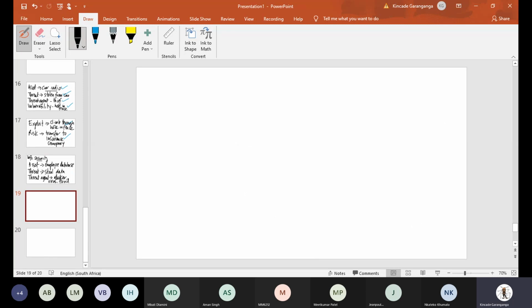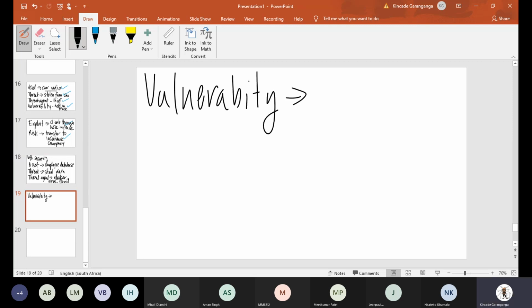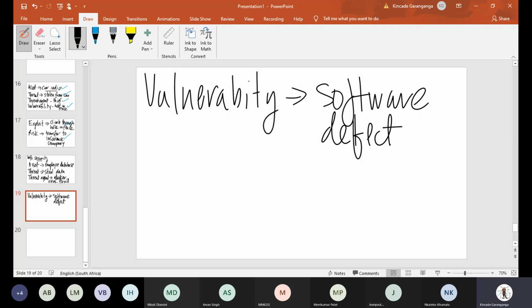And then if you're going to be discussing the actual vulnerability, that hole in the fence, this time our vulnerability is obviously going to be a software defect, right? So someone can take advantage of a software defect that is incorporated as far as your specific setup is concerned. So that's our vulnerability. What's the exploit?